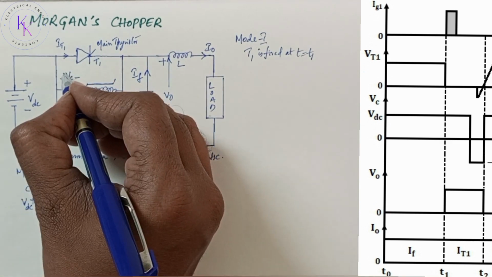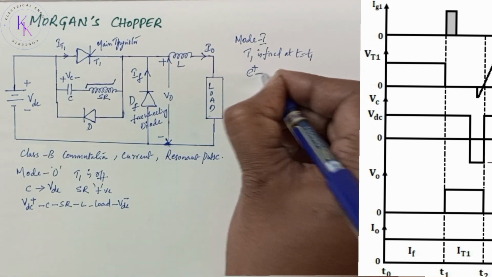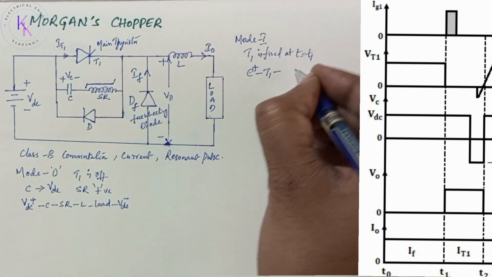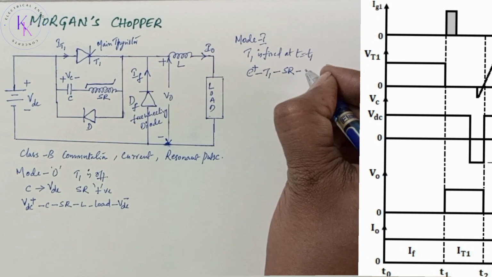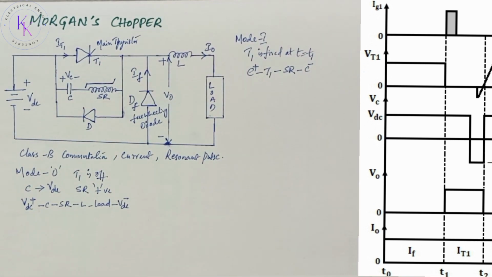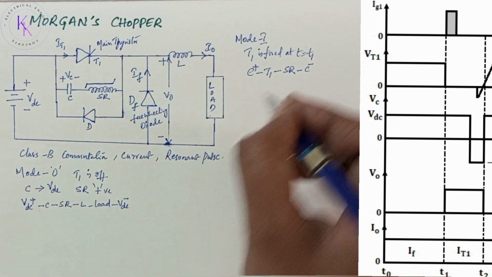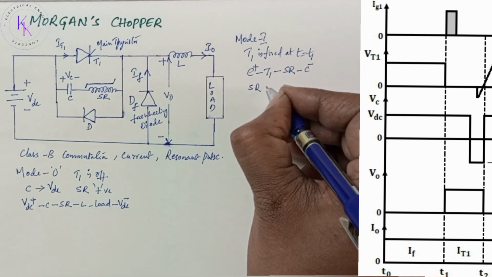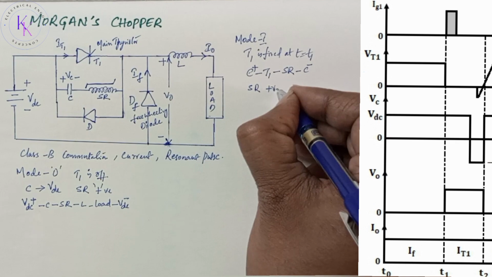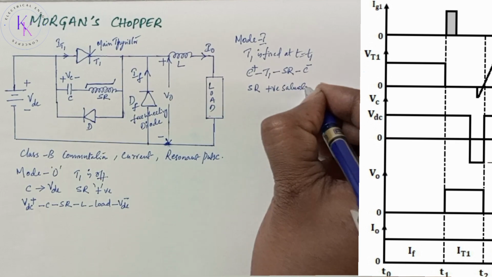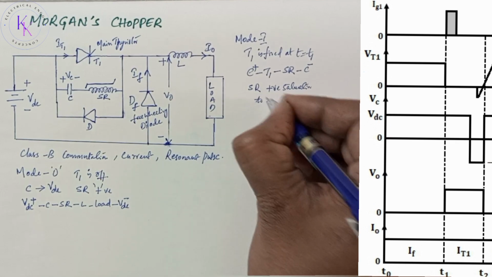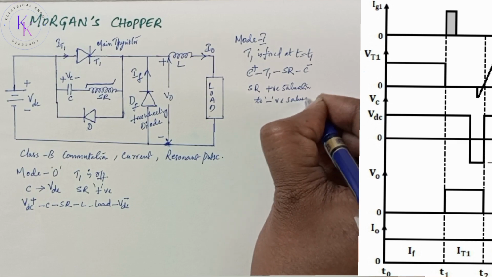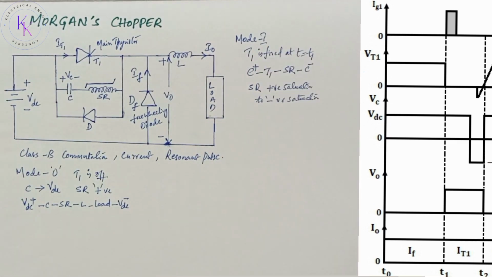So now the current is flowing from C plus to T1 to the saturation reactor back to C negative, due to which the core flux direction in the saturation reactor changes to negative saturation. Now the SR changes its polarity from positive saturation to negative saturation during this period.